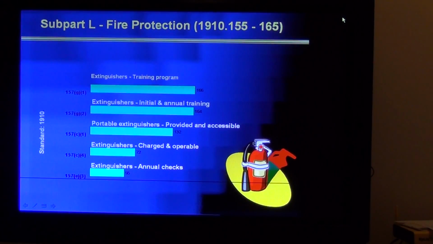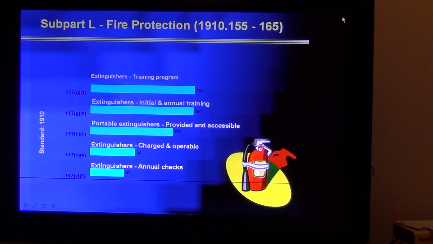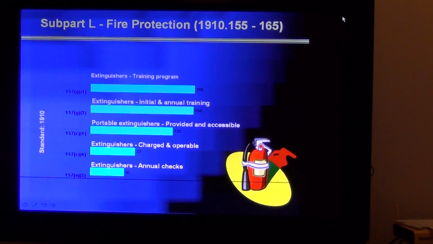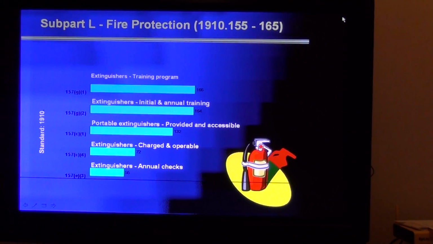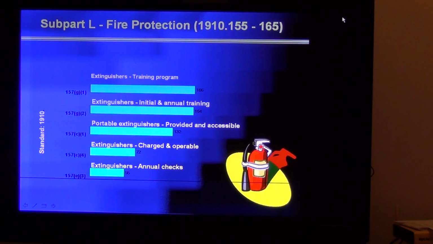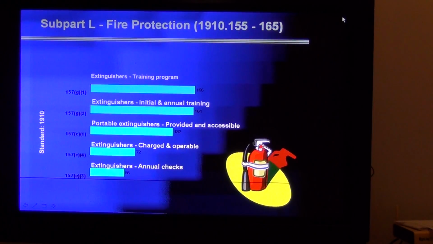So this is the standard for fire protection. It's 1910.155 to 165. It talks about fire protection, like extinguisher training programs, extinguishers initial and annual trainings, portable extinguishers provided and accessible, extinguishers charged and operable, and extinguishers annual checks.